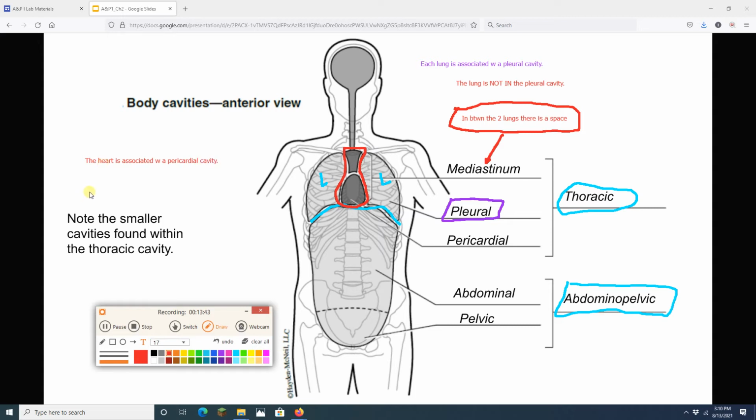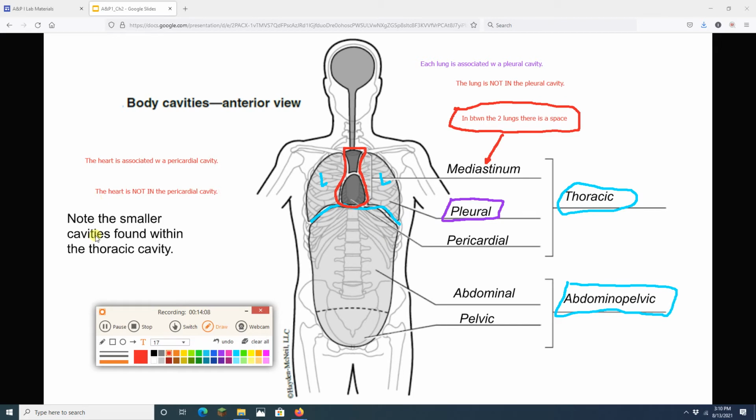And again, we're going to make that distinction where we're going to say the heart is not in the pericardial cavity. It is associated with it, but it ain't in it. And we'll expand upon that distinction in a moment.